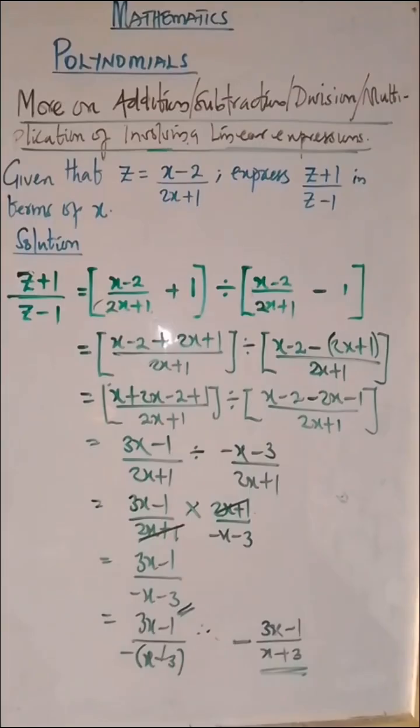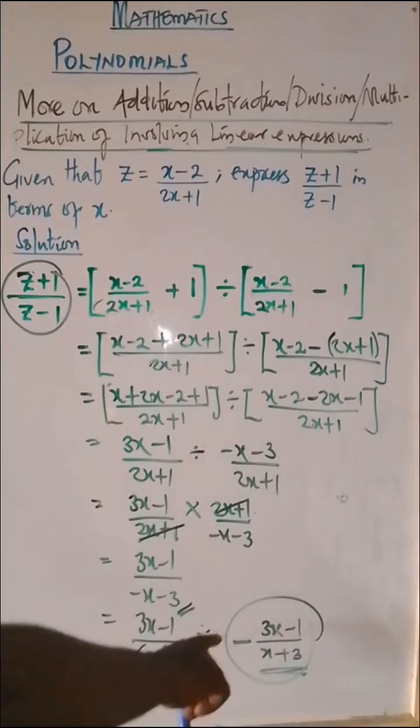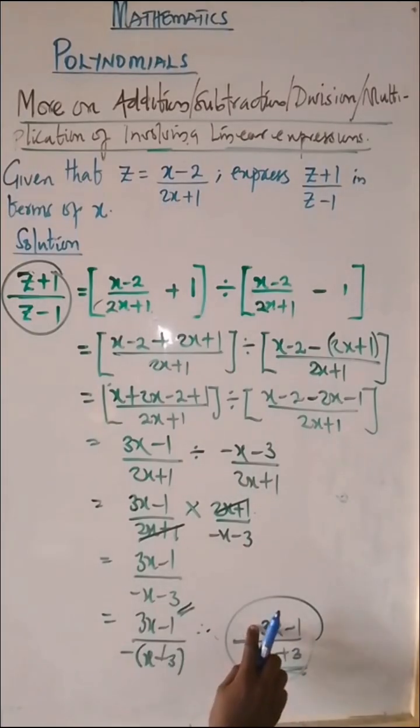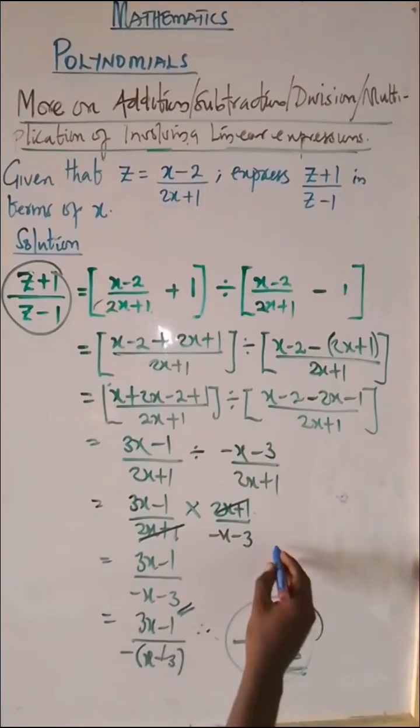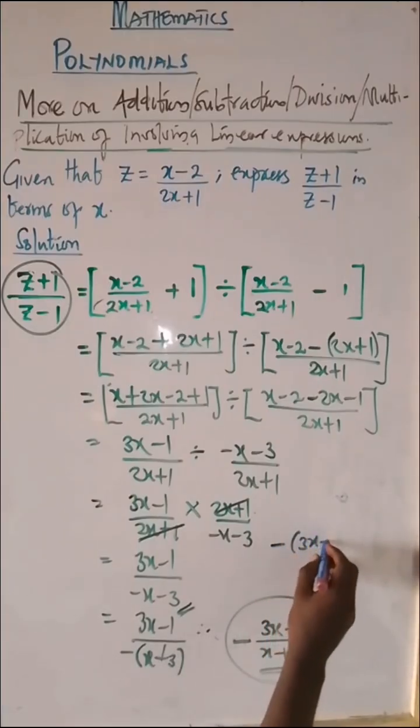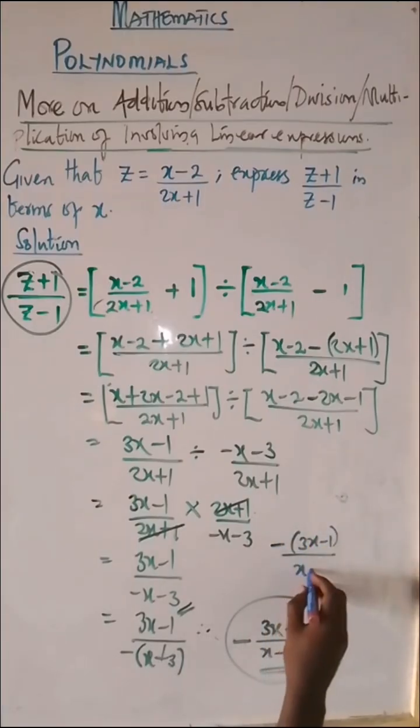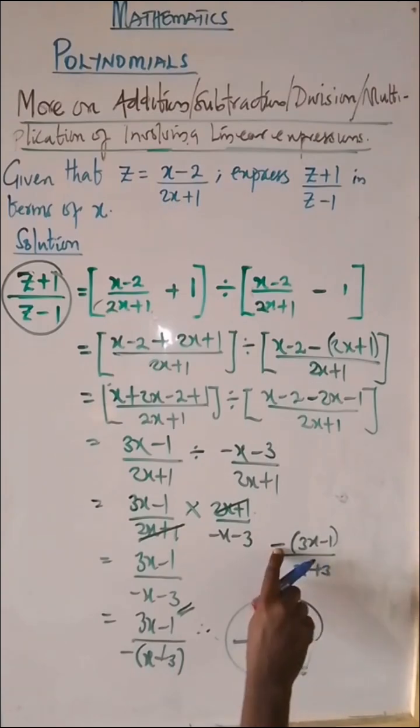So it means z plus 1 over z minus 1 in terms of x is minus 3x minus 1 over x plus 3. In fact, we can still write this further. Like I said, we can bring this minus up here. If you bring minus up here, it becomes minus 3x minus 1 over x plus 3. So this minus can affect everything.